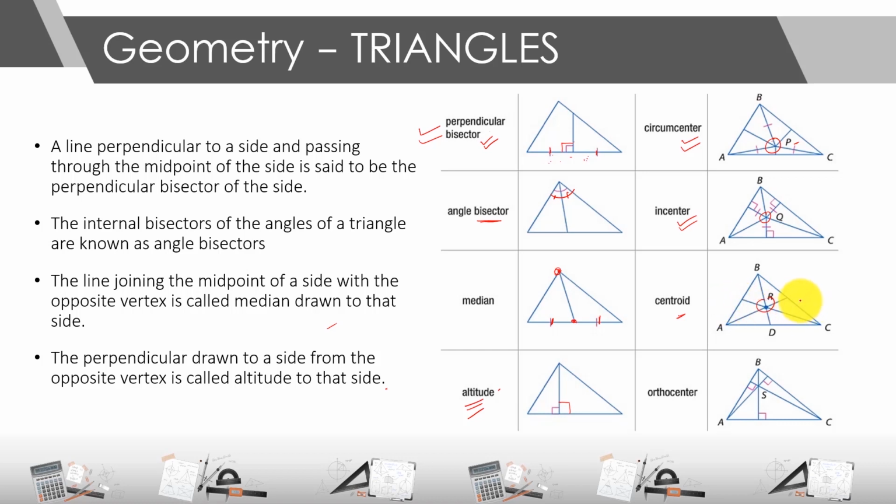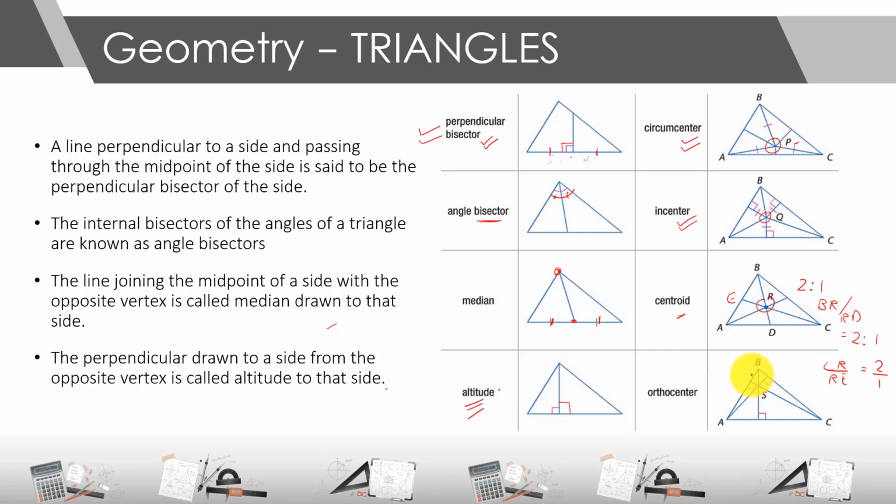The special property of a centroid is that the centroid will divide the median in a ratio of 2:1. So BR is to RD is going to be 2:1. Similarly, if this point is E, the ratio of CR to RE is also 2:1. So the special property of a centroid is that it will divide the median in the ratio of 2:1.